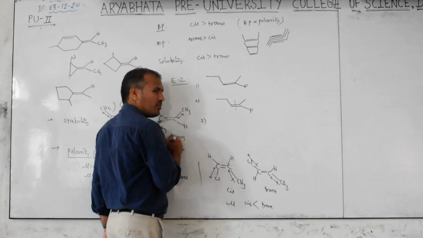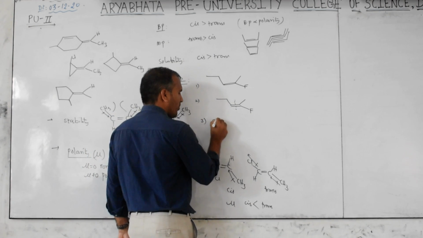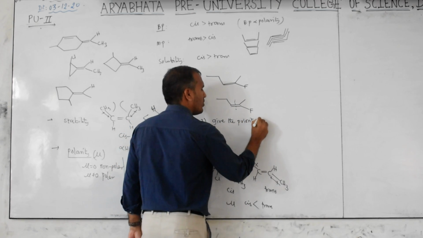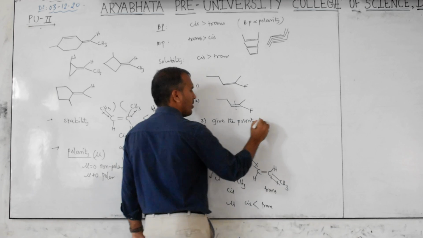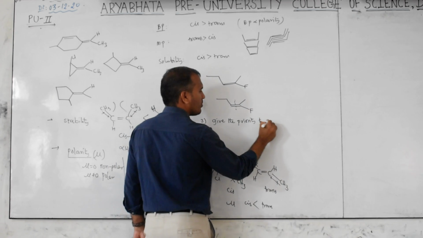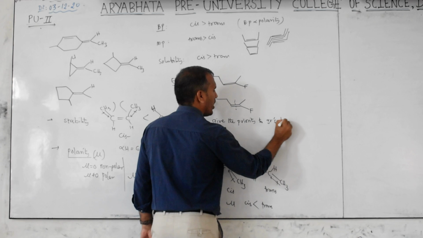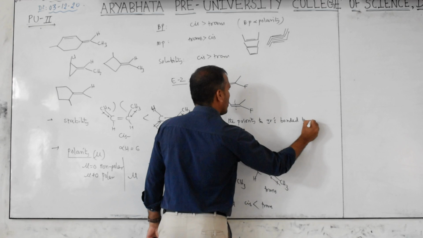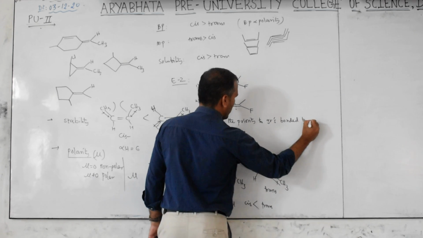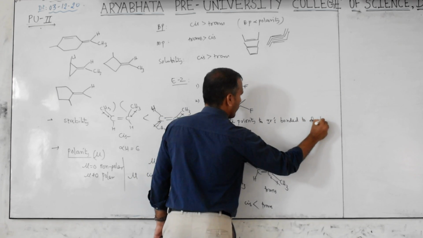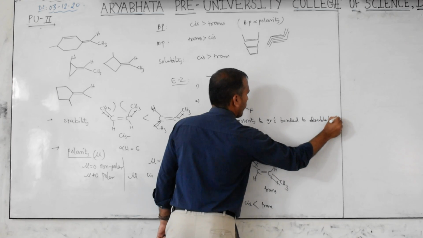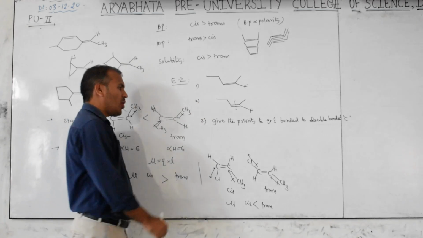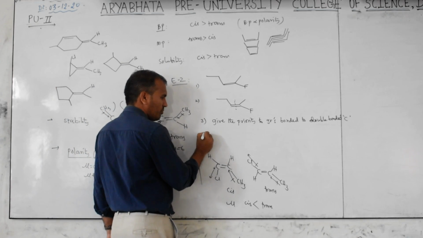Then third one, give the priority to the groups bonded to the double bonded carbon, to each distinct double bonded carbon. Then how to give the priority?